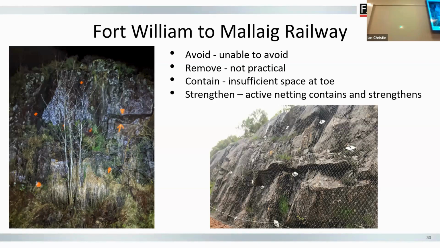So instead of reinforcing the slope with dowels, we looked at using active rockfall netting to do all the work, and we would position the intermediate fixing anchors such that the netting is always in contact with the ground, and the netting is what's doing all the work there.